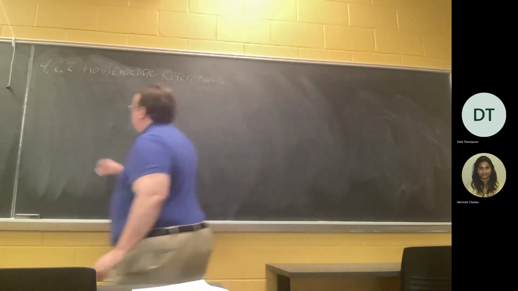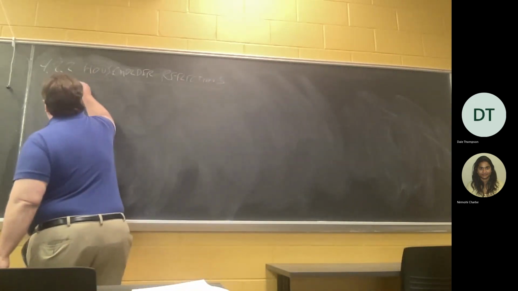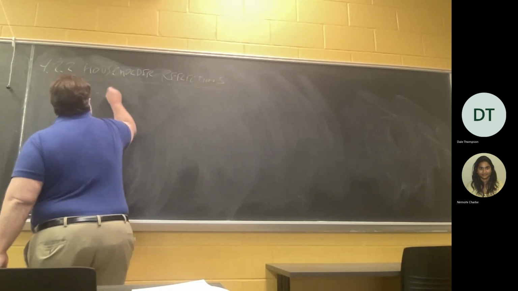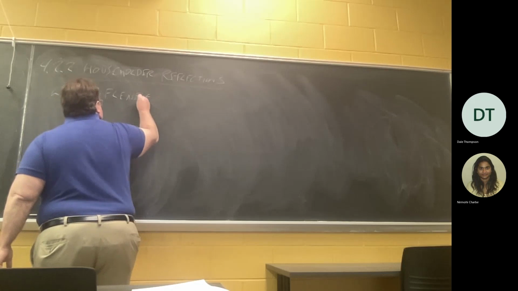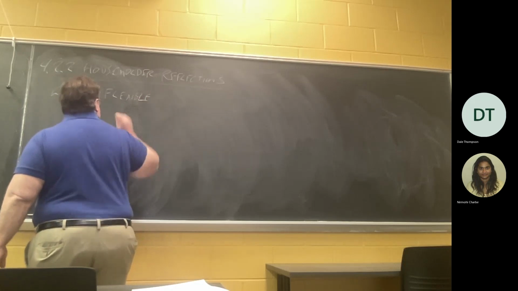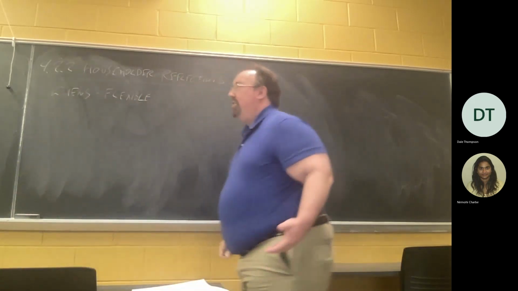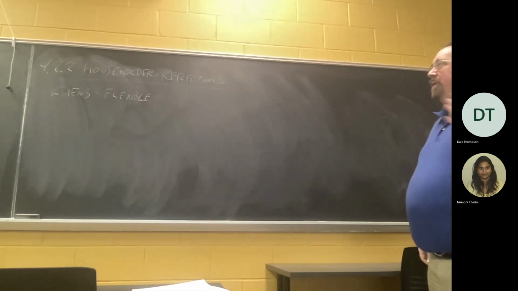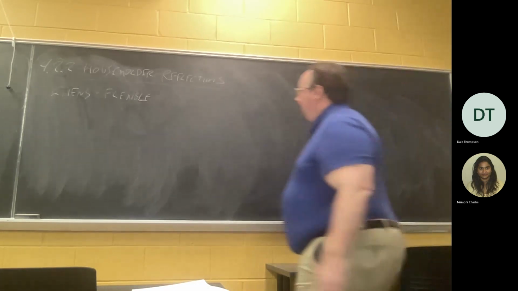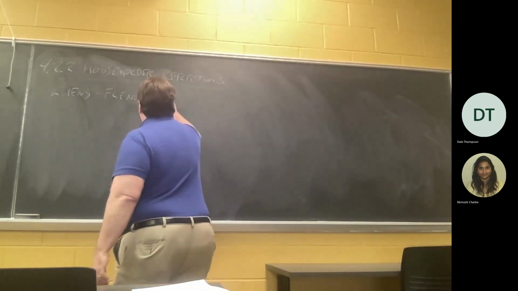So with Givens, the nice thing about that is it is flexible because each individual Givens rotation only acts on one entry. So if your matrix is sparse, or if you're updating a QR factorization, Givens is nice for that.